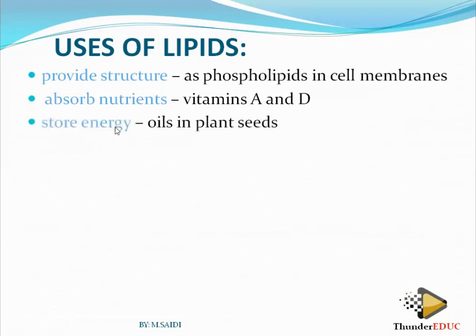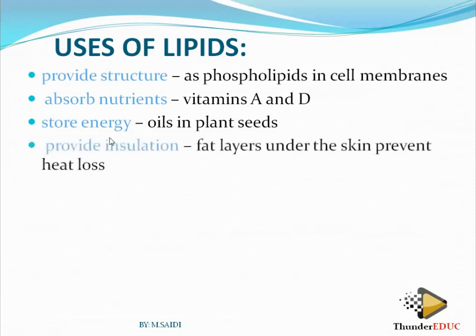Then storage: lipids store energy. Oils in plant seeds store energy, and the plant can use these oils afterwards during germination. So the energy is stored in the form of oils. Then they provide insulation.